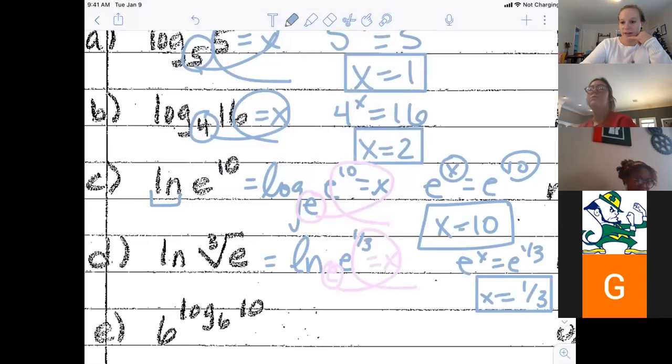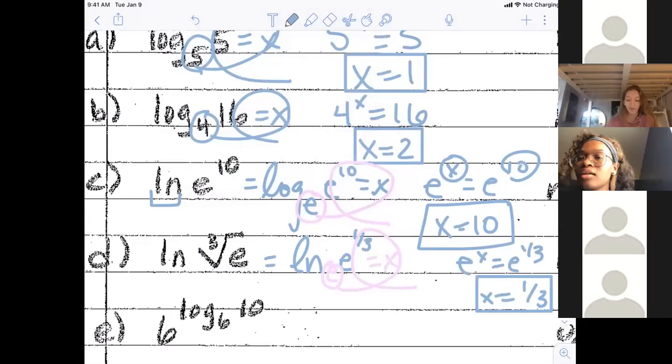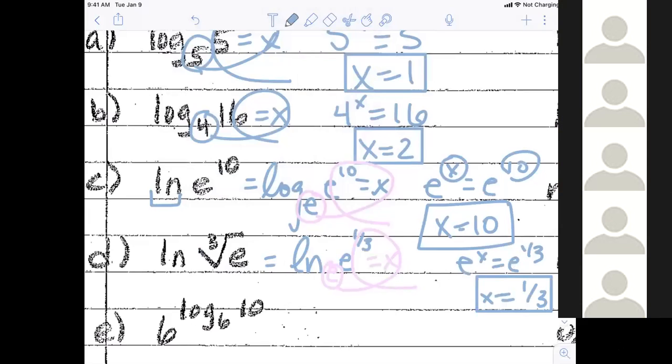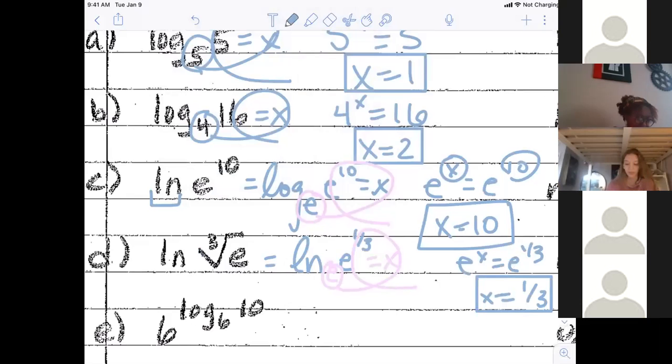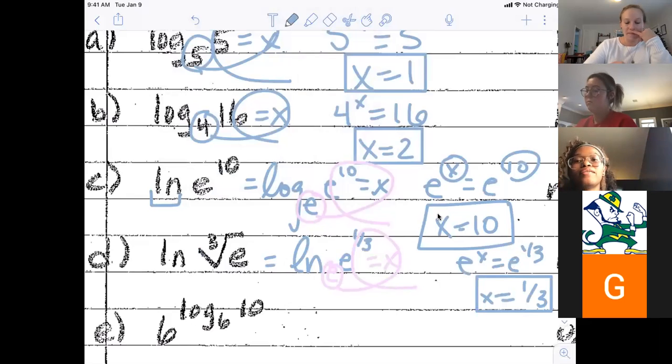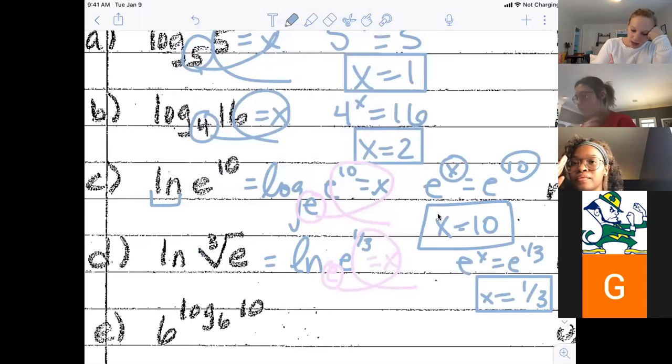Am I moving too fast or are we doing okay? On the ln, is that the opposite of the log? ln means log base e, so ln means natural log. So instead of having log base 4 like that one is, it's the same thing with the base of an e.